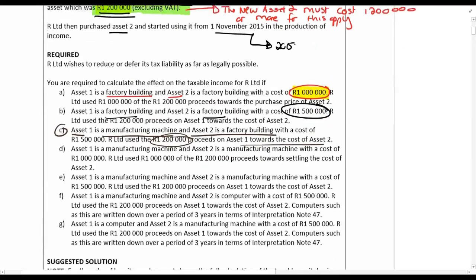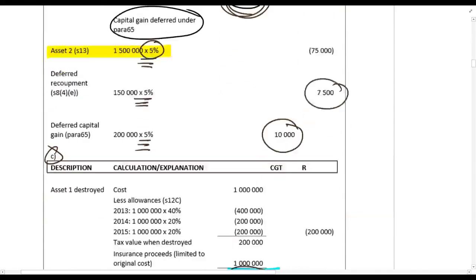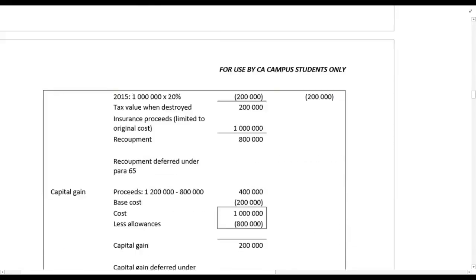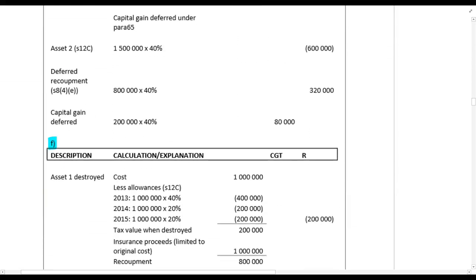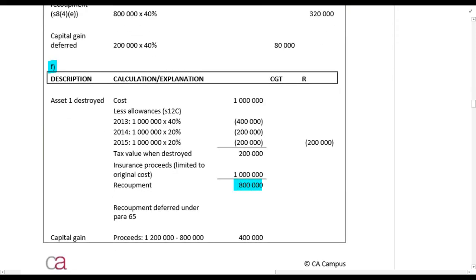Okay, compare that now to asset F. Asset 1 is a manufacturing machine and asset 2 is a computer with a cost of 1.5 million rands. So they use that to buy a computer, and our computers are written off over 3 years. So F, see what we do in F. So we calculate the recoupment of 800,000 rands.